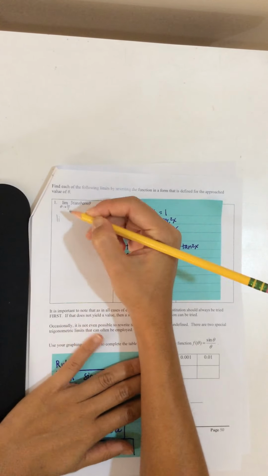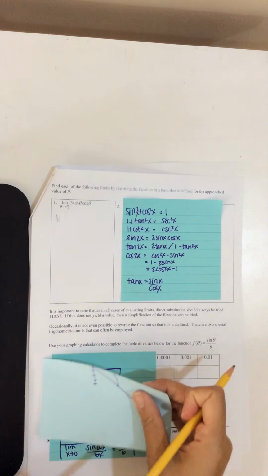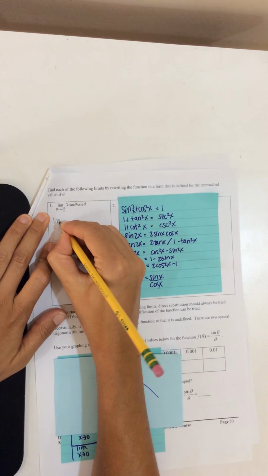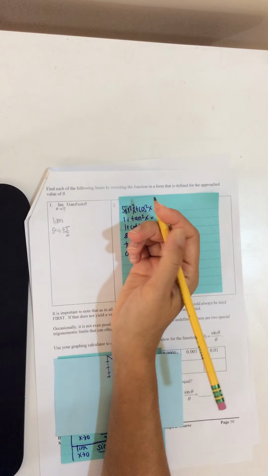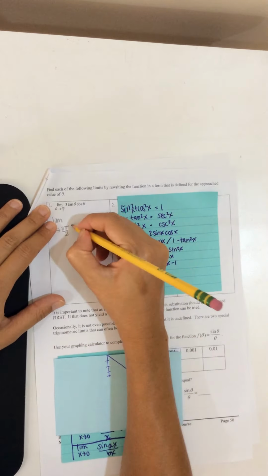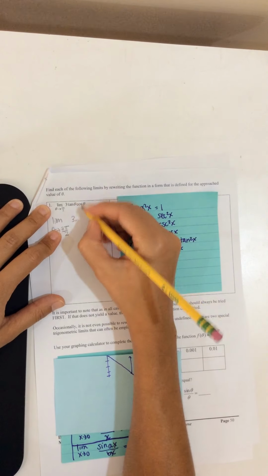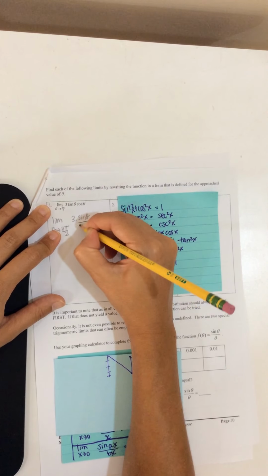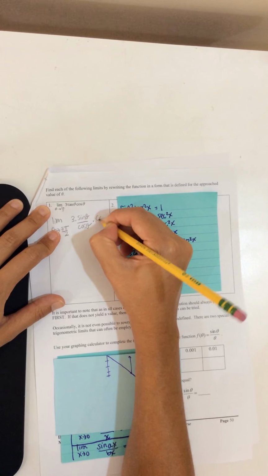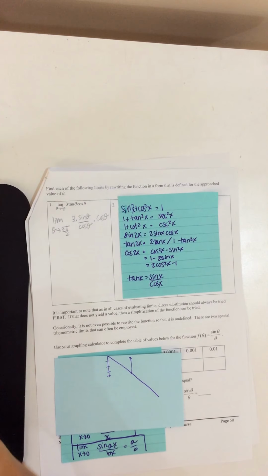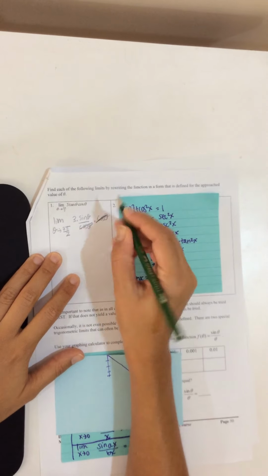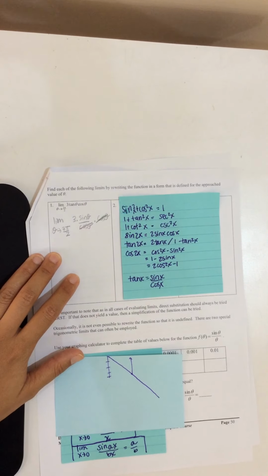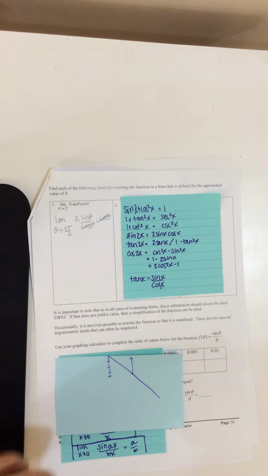So I can rewrite this as the limit as theta approaches 3 pi over 2 of 3 times sine theta over cosine theta times cosine theta. And I know if I simplify, I can get rid of this and this. Okay, and then I can rewrite that.